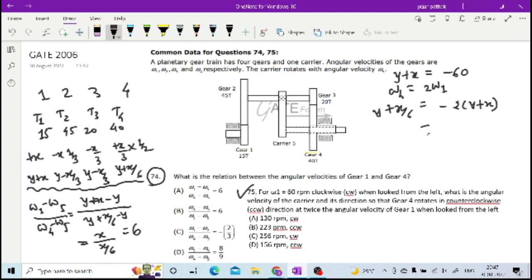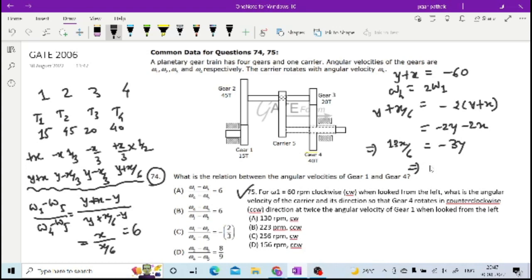After that, if you give further simplification, minus 2y minus x, then y can come on this side. 2x plus x plus 6, that is 13x by 6 is equal to minus 3y. This 2x can come this side, this y can go this side, so 13x by 6 can be equal to minus 3y.